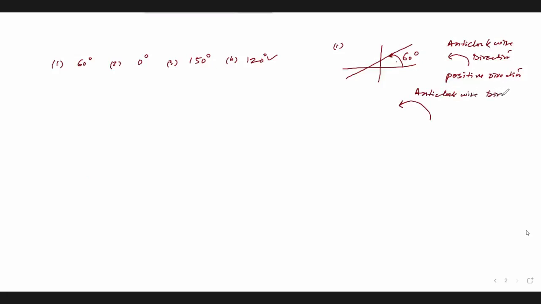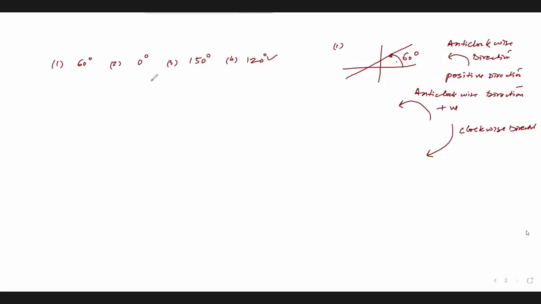And if they say it is moving in a negative direction, then we are moving in a clockwise direction. So as far as an angle is concerned, positive means anti-clockwise direction, and when we are moving in a clockwise direction, it is negative.